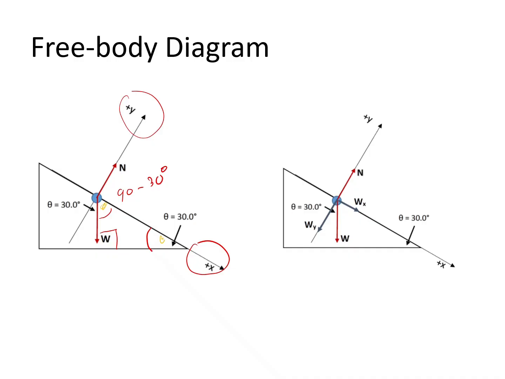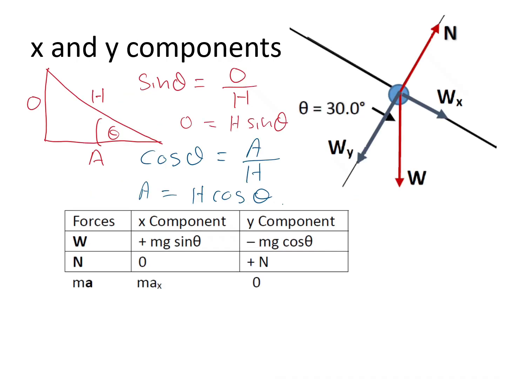So if this is 90 minus 30, this angle right here has to be 30 degrees. So we can say, okay, this is 30 degrees. And then we can find the x and y components of this weight force based on this information.